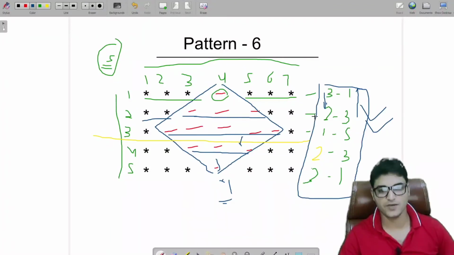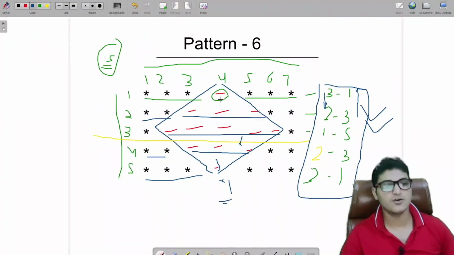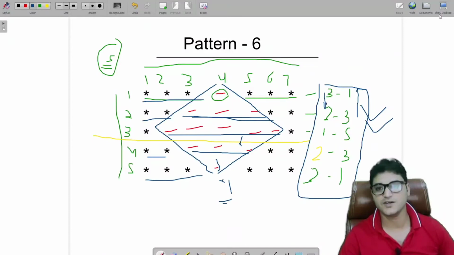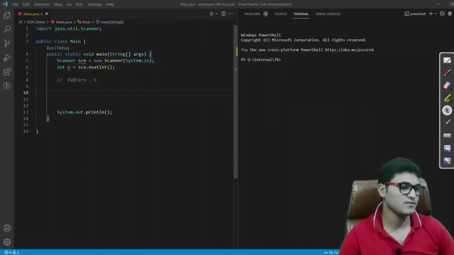So we decrease stars by 1 for the first half, and for the second half we increase stars by 1. So we only need to think about this: we increase our number of spaces by 2 and decrease our number of stars by 1 for the first half, and we decrease our number of spaces by 2 and increase our number of stars by 1 for the second half. This is the only logic we have to think about. Fine.